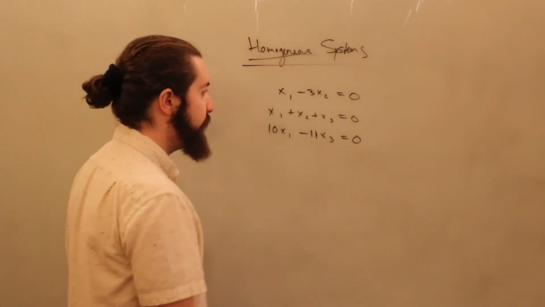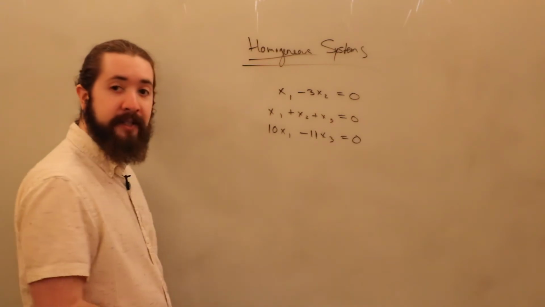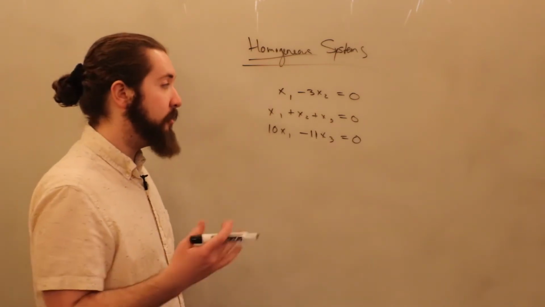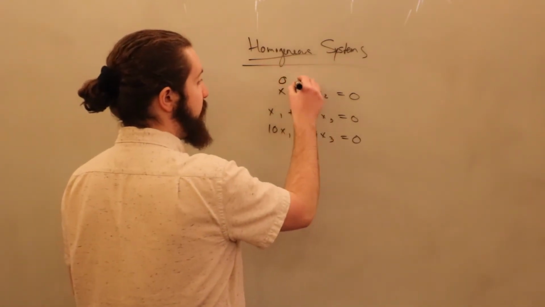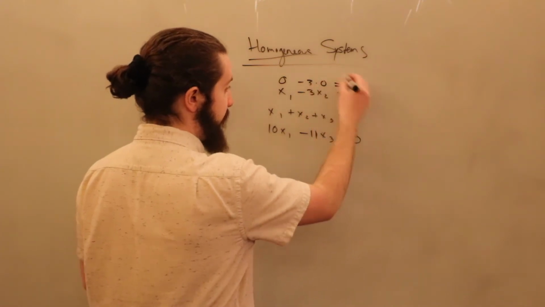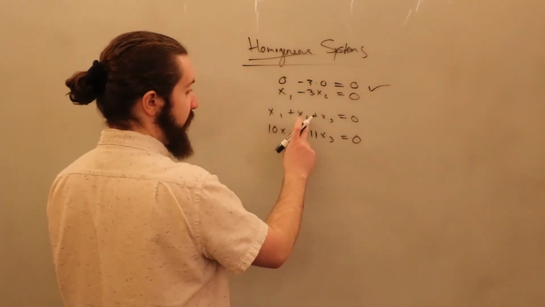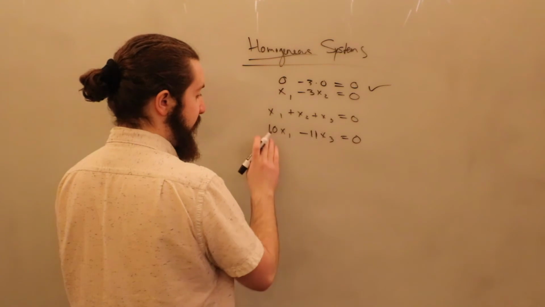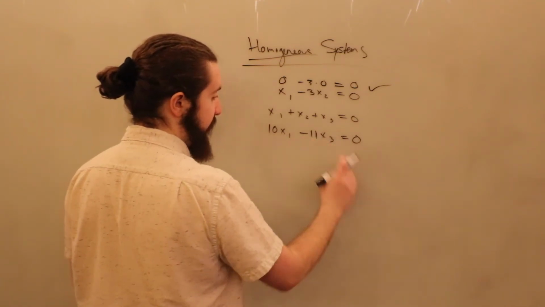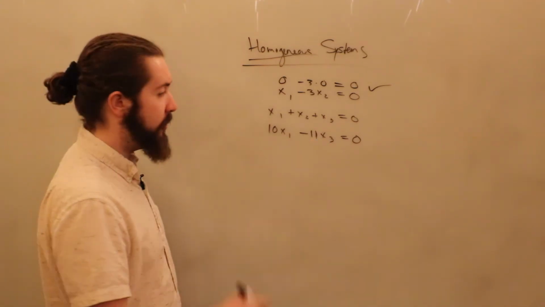So first of all, if you set all your unknowns equal to 0, that will be a solution. Notice 0 minus 3 times 0 is going to be equal to 0. 0 plus 0 plus 0 is 0. 10 times 0 minus 11 times 0, again, still 0.